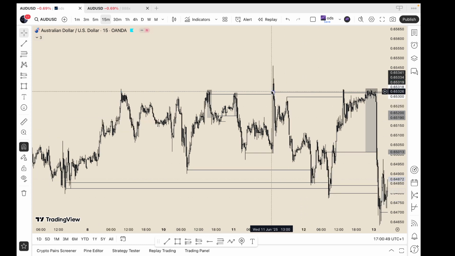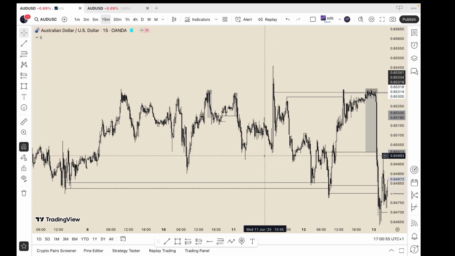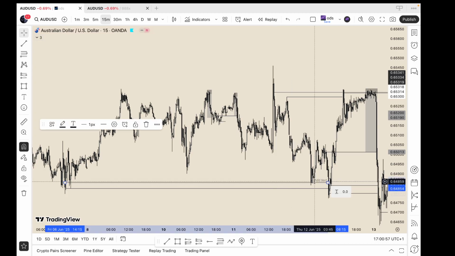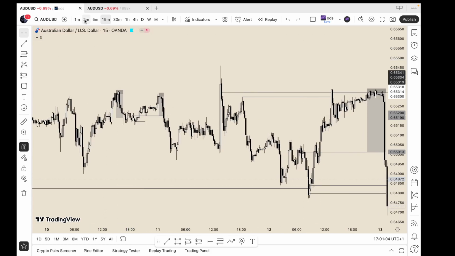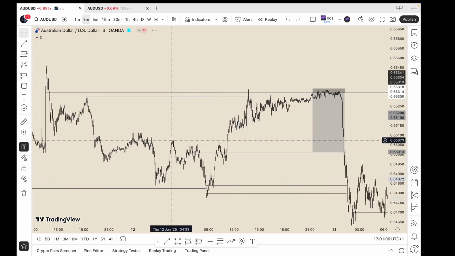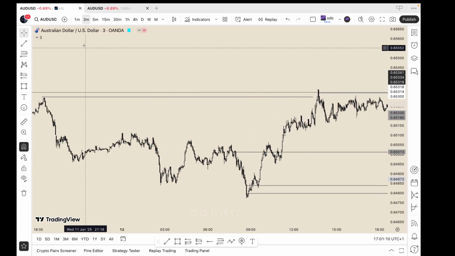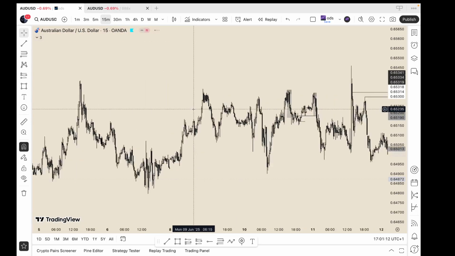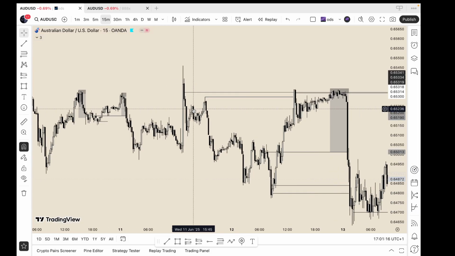So we can now forget about that support because it has been broken, along with that inducement being swept out, giving a valid reaction off the first tap, but then later on coming and breaking completely past on the 3-minute, breaking the low of that support. So I was then like, okay, I now need to sit on my hands for quite a while waiting for this peak to be met.